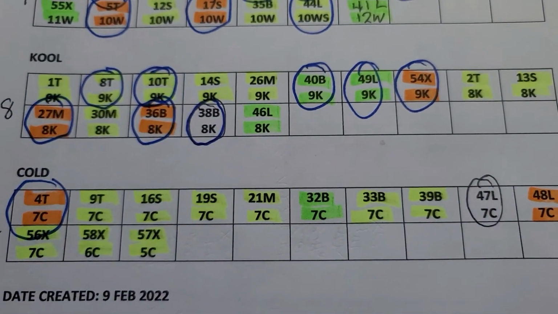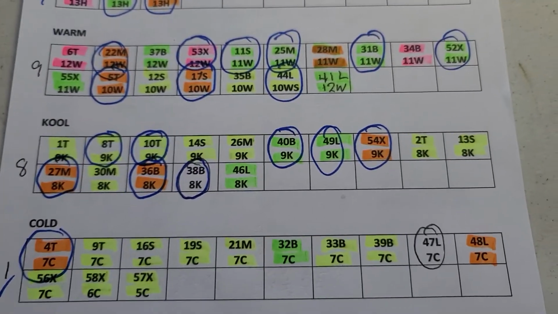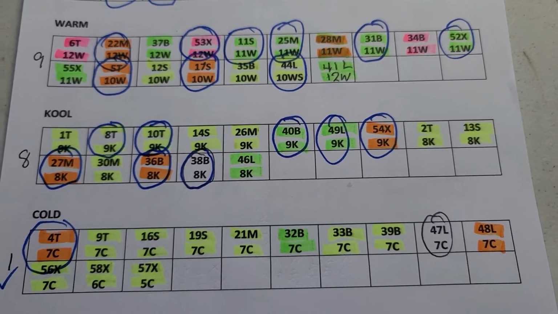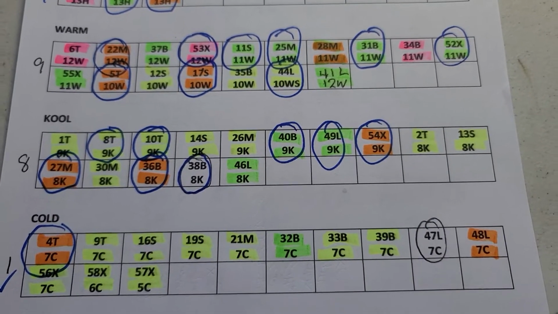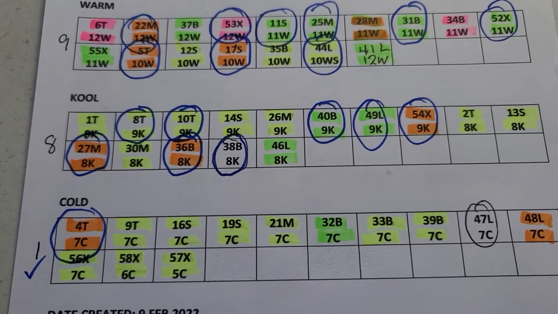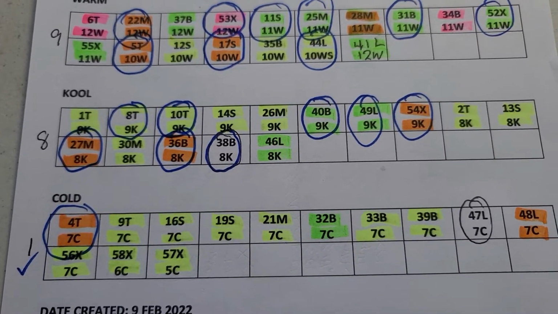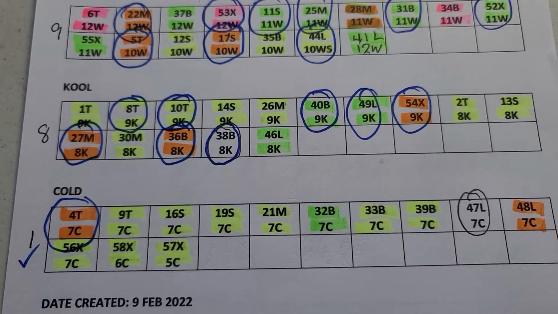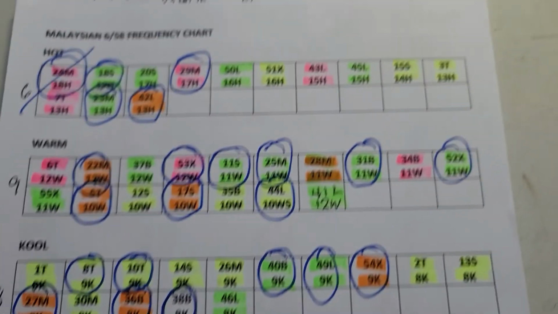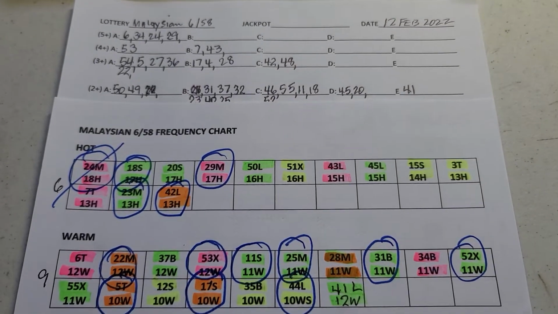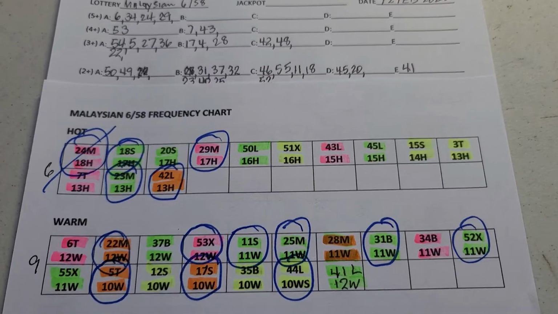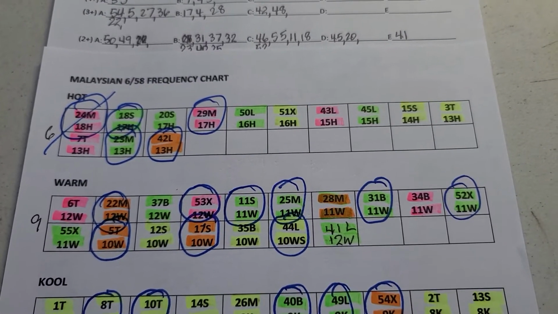And finally, the yellow numbers are numbers that appeared only once in the last 20 draws, and those are marked here. As you notice, most of the numbers that appeared only once are part of the cold set, and a lot of the numbers that are pinks and oranges are up in the hot and warm.